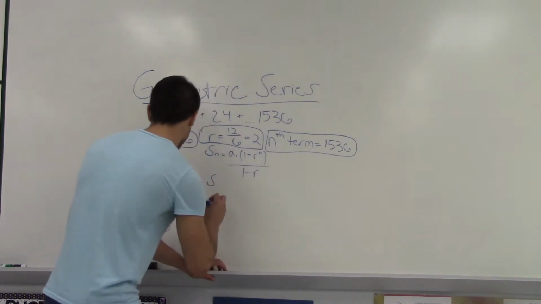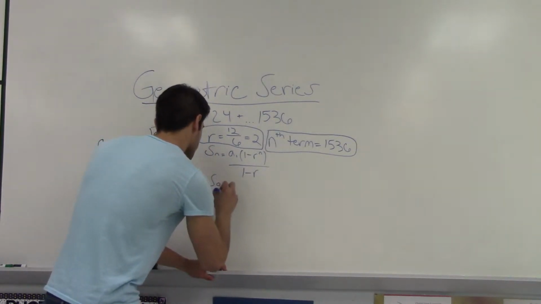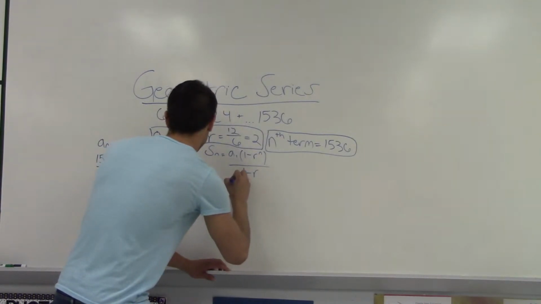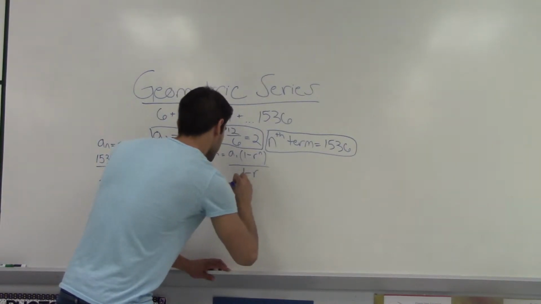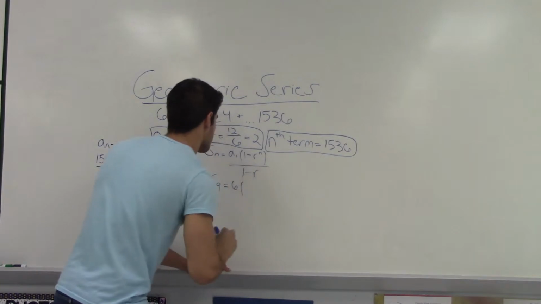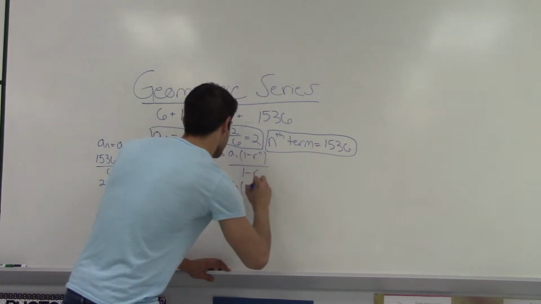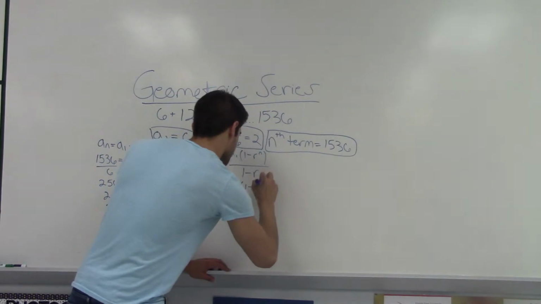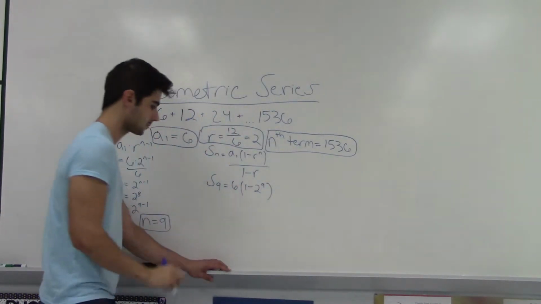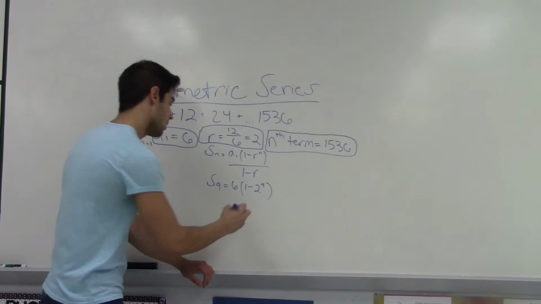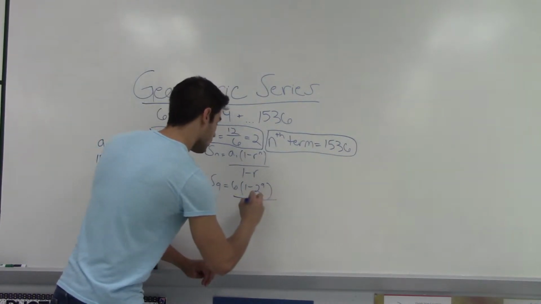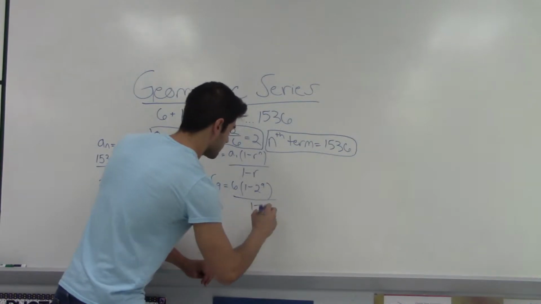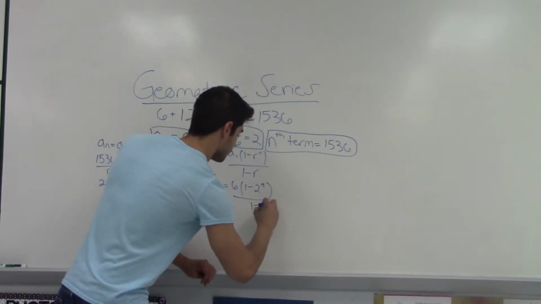So we have S sub 9 equals first term of 6, parentheses, 1 minus 2 raised to the nth, which is the 9th power, all over 1 minus r, which is again, 1 minus 2.